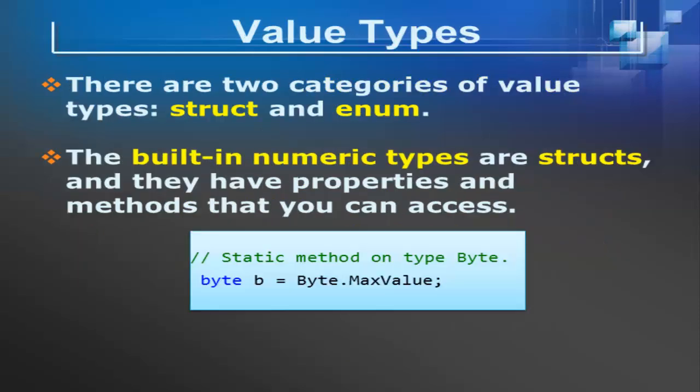Then let's look at the other types that we have not seen, but I expect you to do some study on these two things, that is struct and enumerations. The structure and the enumeration are all value types. So what's the meaning of that?